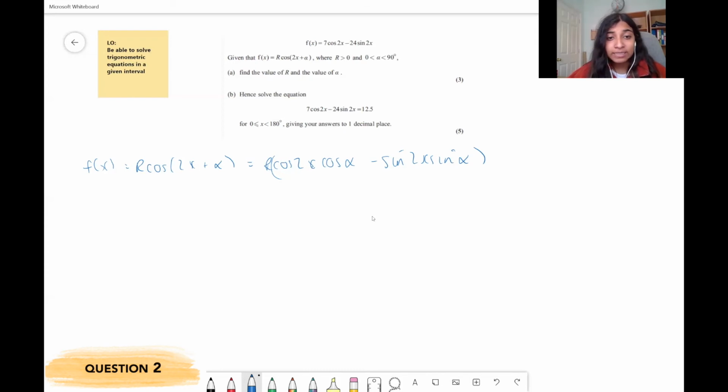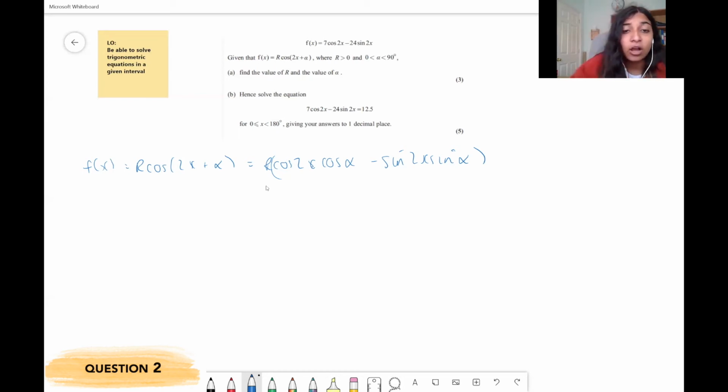And then your next thing is you just want to match up your coefficients. Here, instead of having cos x and sin x, we have cos 2x and sin 2x, but we can still match them up because in our f(x) here we have cos 2x and sin 2x.